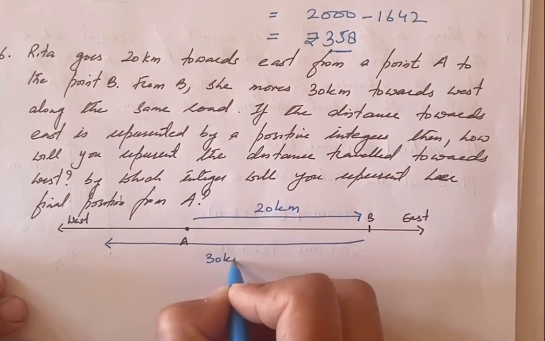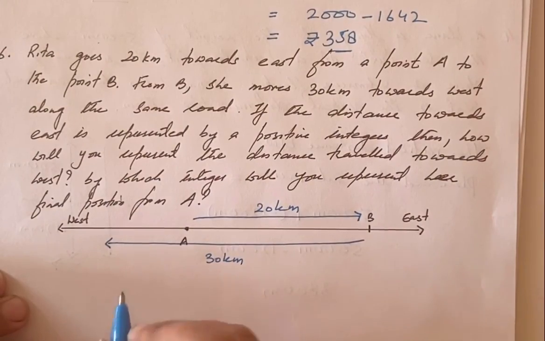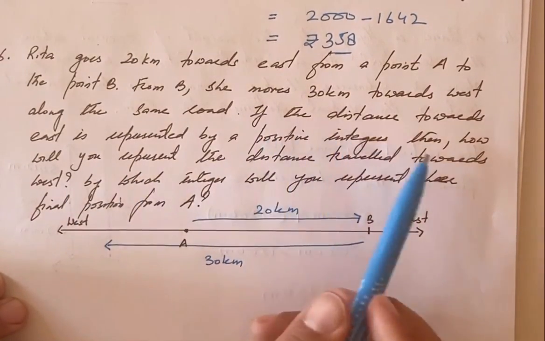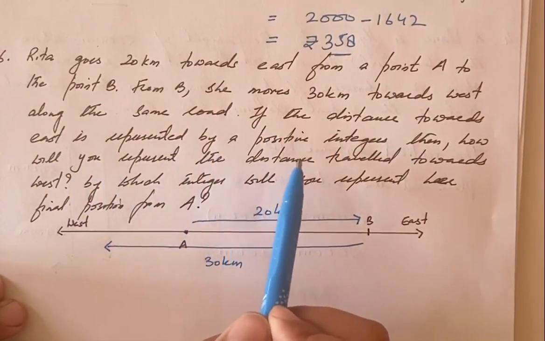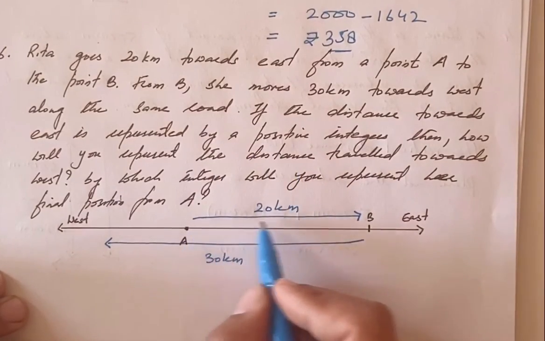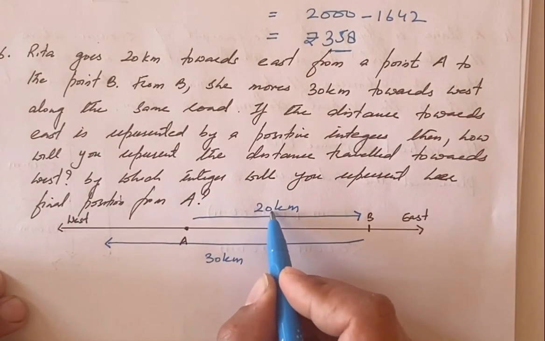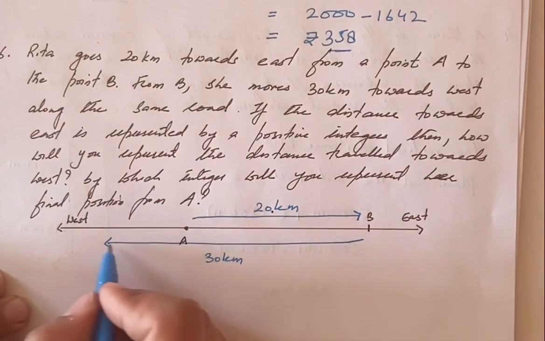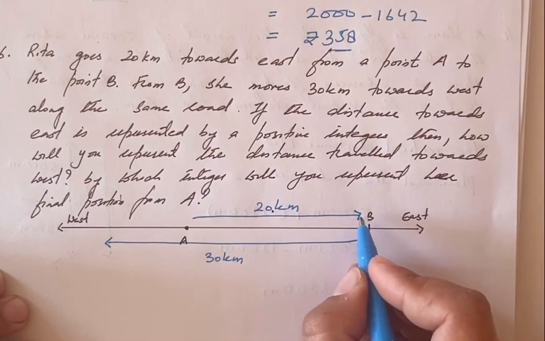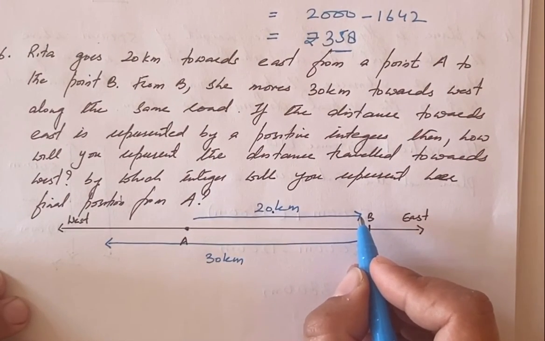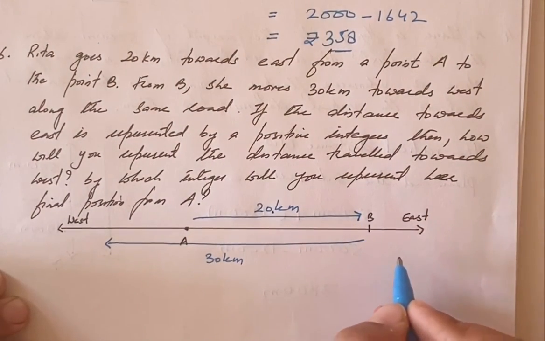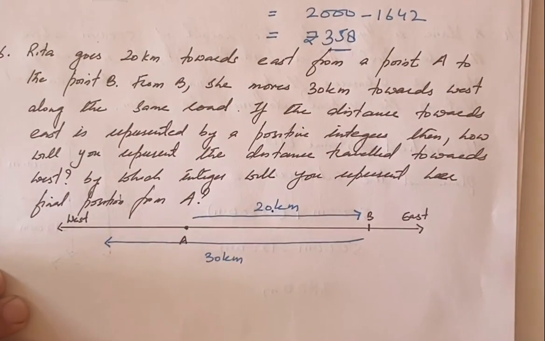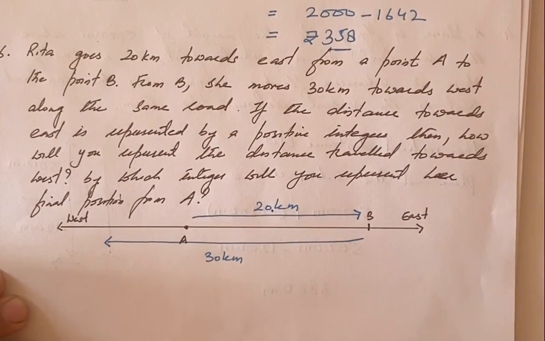So if the distance towards east is represented by a positive integer, then how will you represent the distance towards west? If this side is represented by positive, this side will obviously be negative.